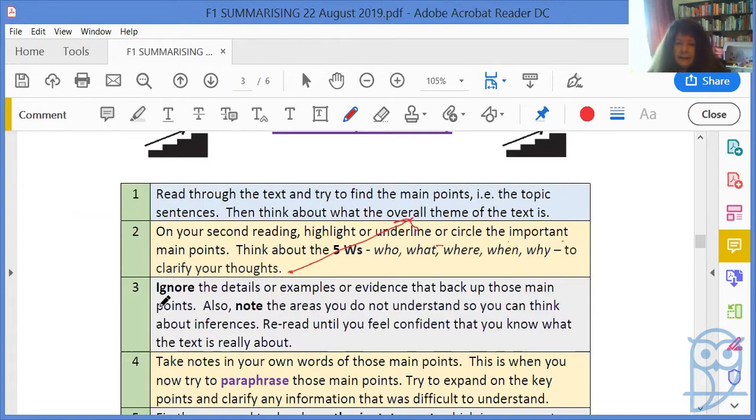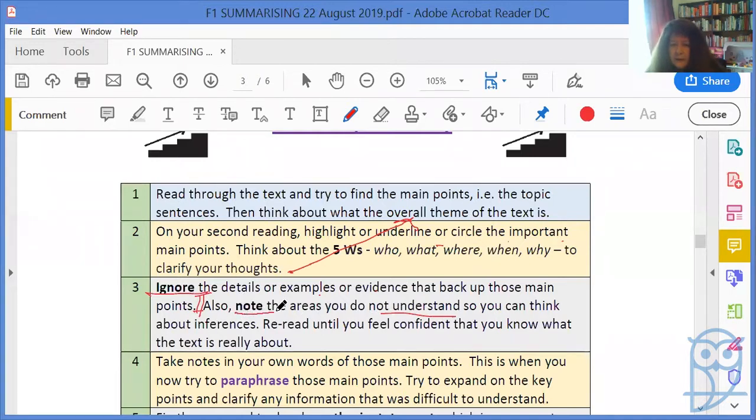And step number 3, you must ignore the details or examples or evidence that back up those main points. You know, when you write your topic sentence, that's what you must provide. But in this case, when you're summarizing, you ignore these because they're irrelevant to the main points. And sometimes there's something you don't understand.